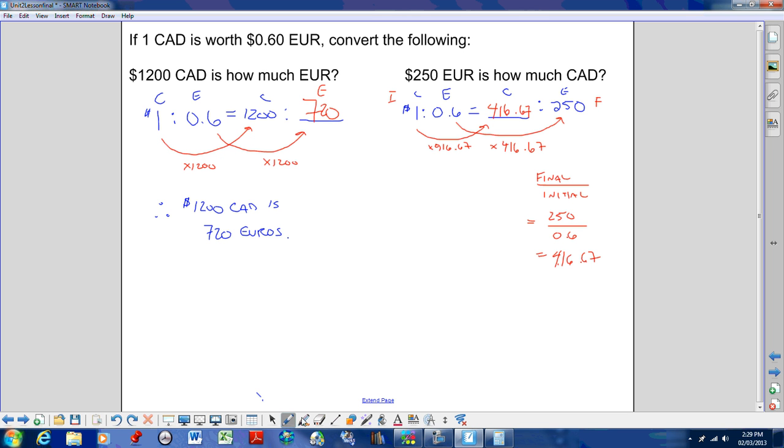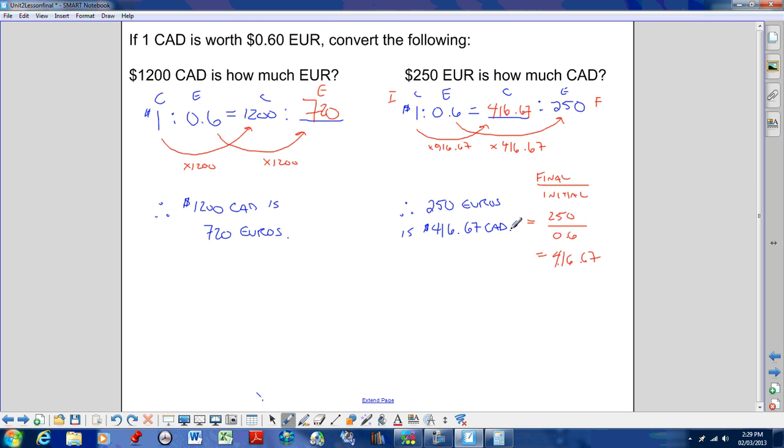So just to finish that off, if you're going to bring back 250 euros, then you really have 416.67 Canadian, which is kind of nice. So there you go. So that's how you do the conversions.